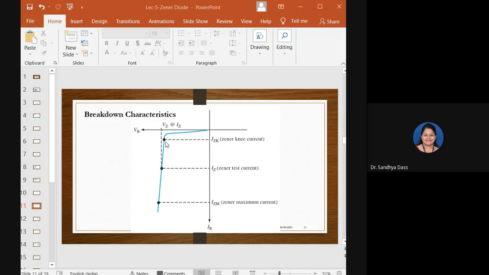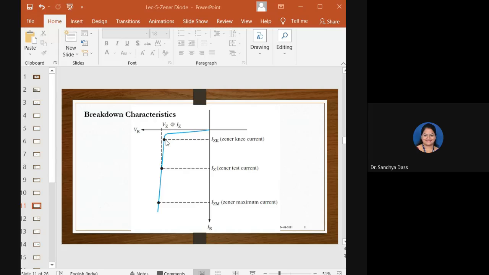The internal Zener resistance, which we also call Zener impedance, starts decreasing as the reverse current increases. The current is increasing, but the Zener impedance is decreasing.